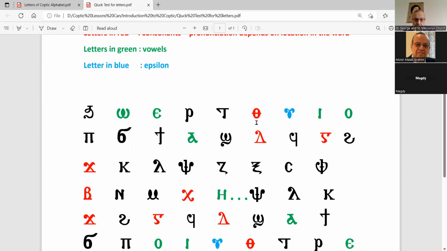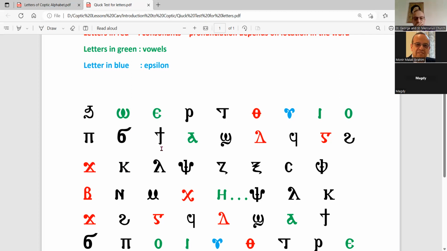The red one is theta. The blue one is epsilon. That first green one is iota. The one next to it in green is an omicron or O short. The one here in black is a P. The one next to it is a chima.